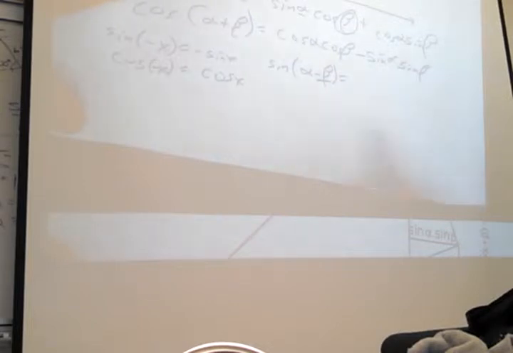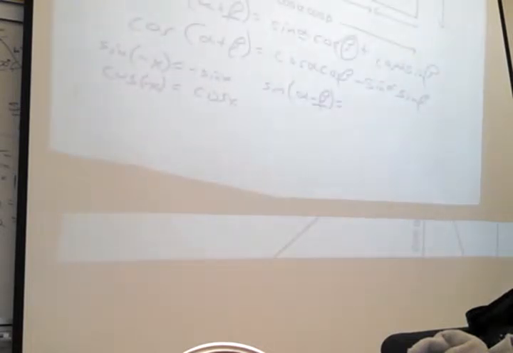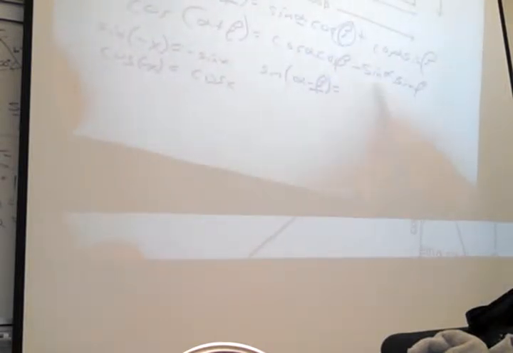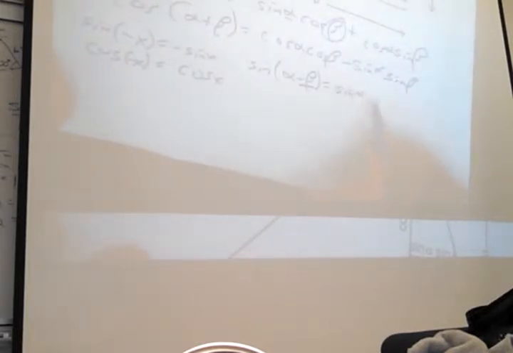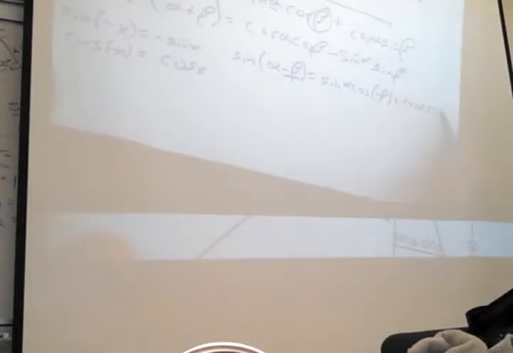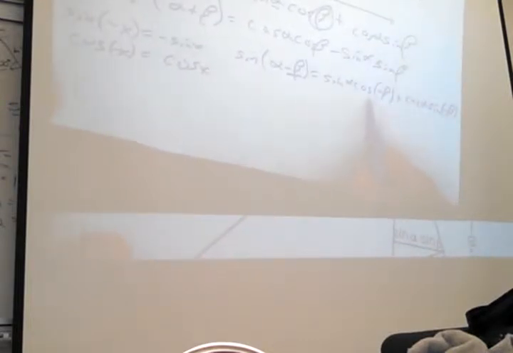If I put theta and 3 here, what do you just have, a theta 3 and a theta 3? So it's the idea of the form. You're just filling the form in with what you've actually got currently. So if I change the positive beta to negative beta, then I've got sine alpha times cosine of negative beta plus cosine alpha sine of negative beta. And what is cosine of negative beta?